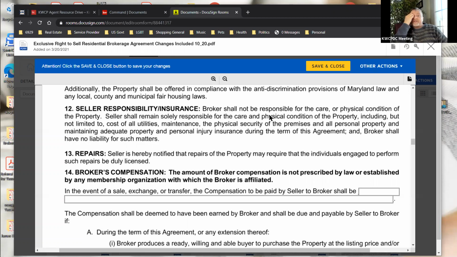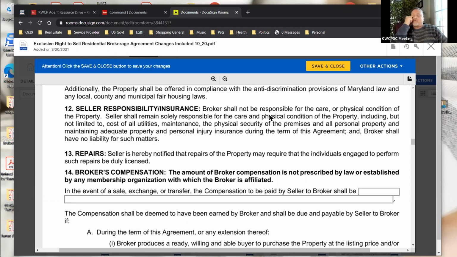Seller is hereby notified that repairs of the property may require the individual engaged to perform such repairs to be duly licensed. So specifically when we're talking about hazardous materials, hazardous substances, lead-based paint, the laws surrounding the remediation of those issues for contractors, for plumbing work, for electrical work, for general contractors, all of those things for work that needs to get done.